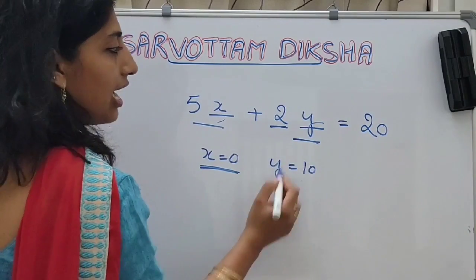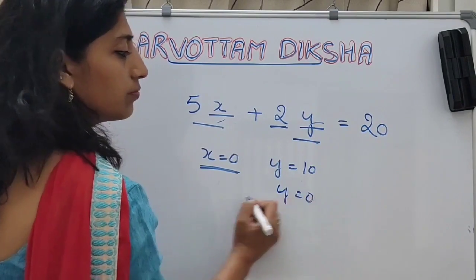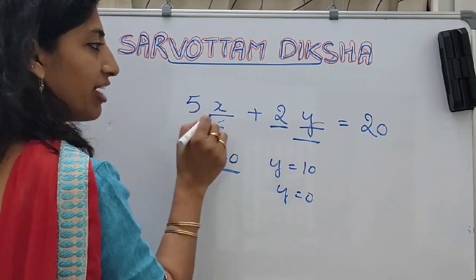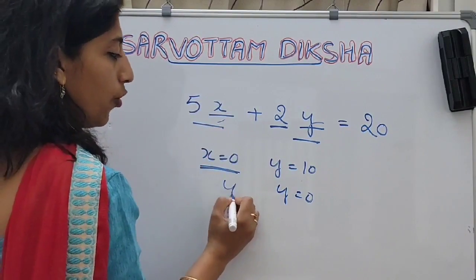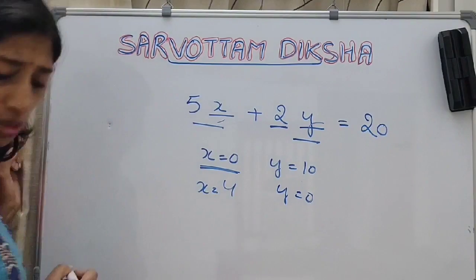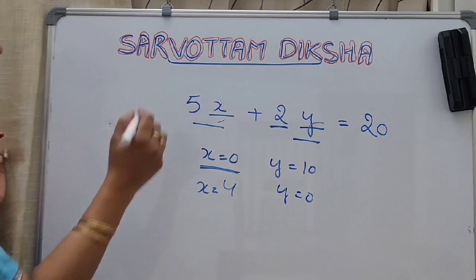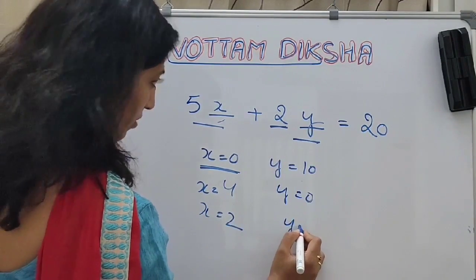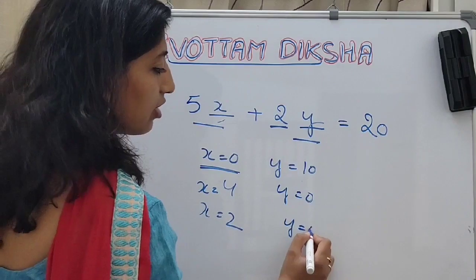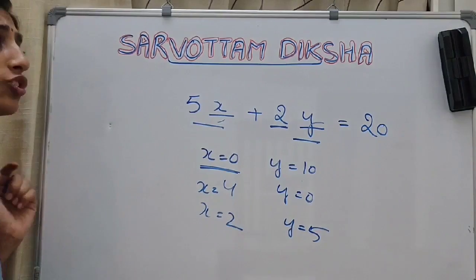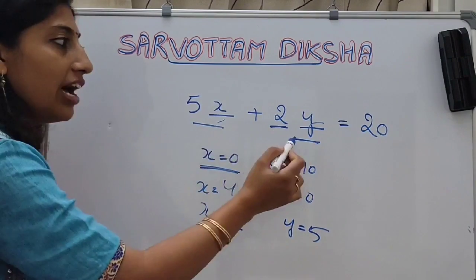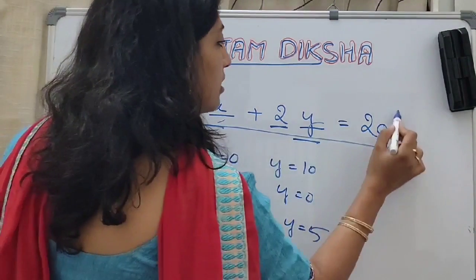Suppose I have not taken the other ride at all. Then the number of times I have taken x is 4. Suppose I have taken this ride 2 times. Then my corresponding value for y is 5. See, actually there will be an infinite set of x and y which satisfies this equation.